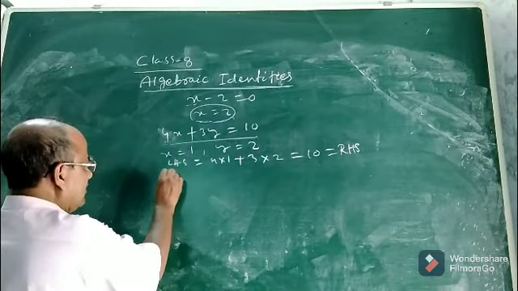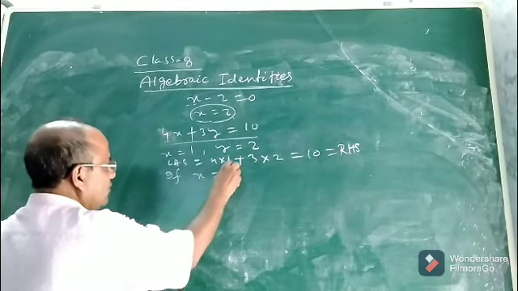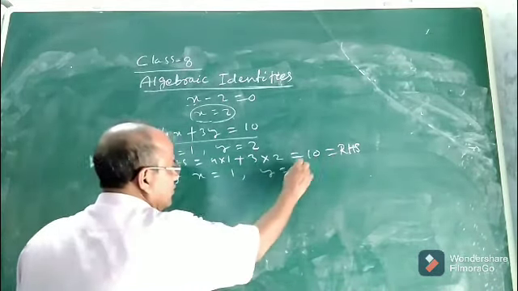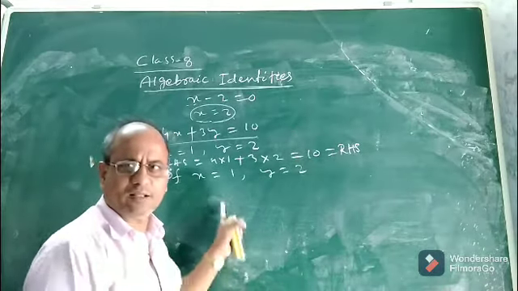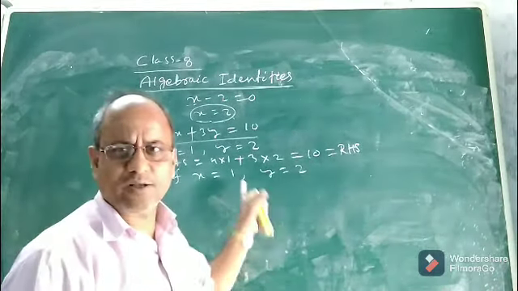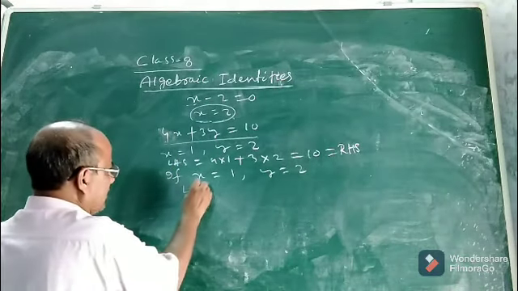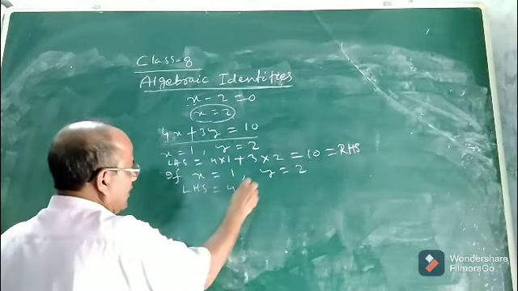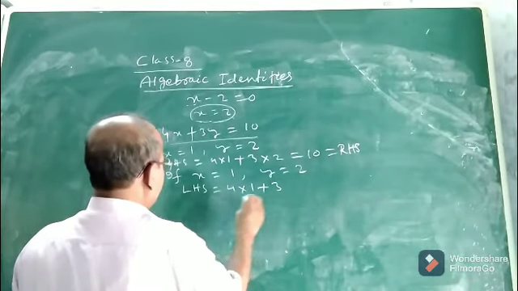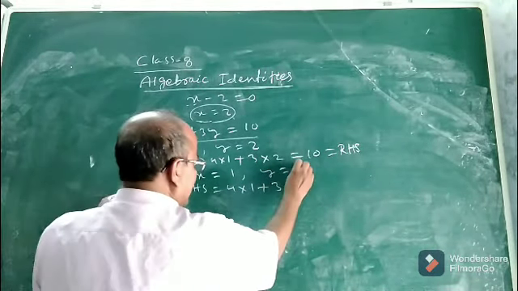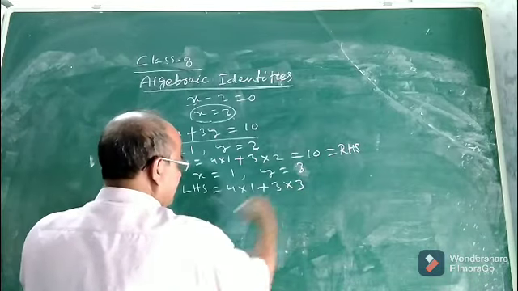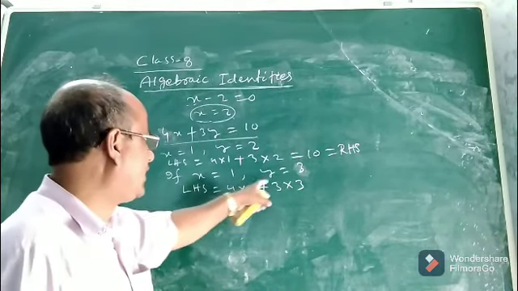Now let us take some other values of x and y and find out whether LHS is equal to RHS or not. Let us take x equal to 1 and y equal to 3.